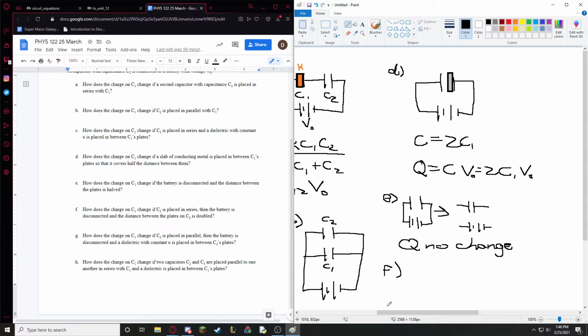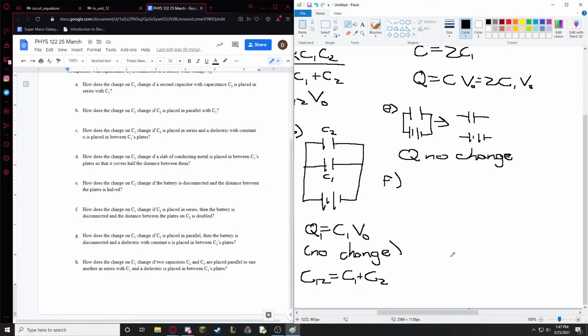So now, part F, how does the charge on C1 change if C2 is placed in series and then the battery is disconnected and then the distance between the plates on C2 is doubled? So we're going to have C1 here.